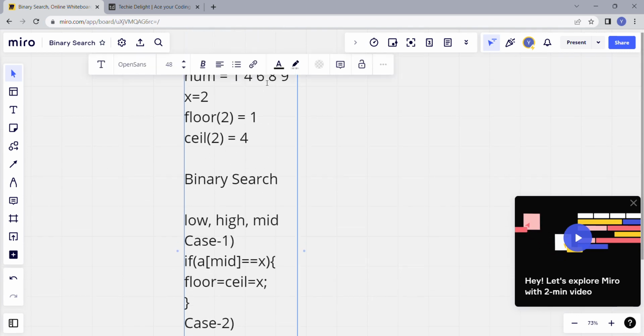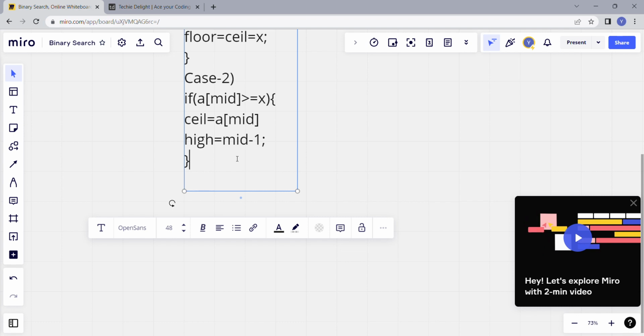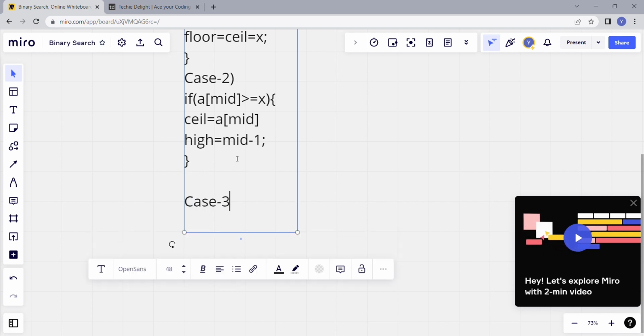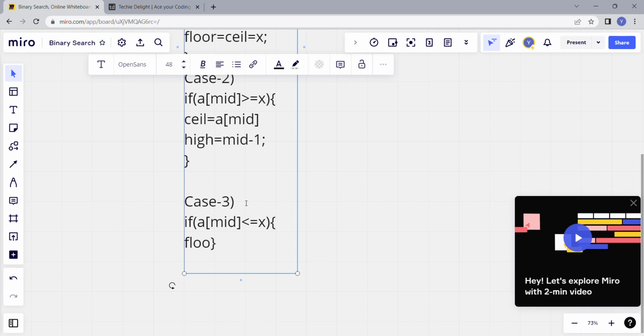We have to move to the left-hand side if we find that nums[mid] is greater than x. You can also use strictly greater than, because equal to x has already been handled. It does not make any difference. The next case will be just the opposite. If nums[mid] is smaller than x, then we will have to find the floor.